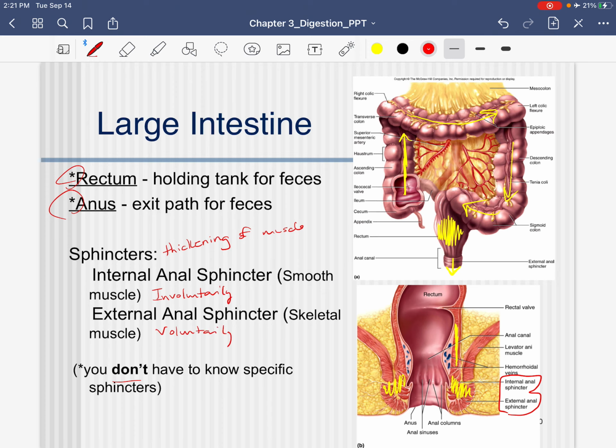So in other words, that internal anal sphincter will stay contracted without us having to remember. So it holds your poop in, involuntarily. And then, under normal circumstances, only when you want to voluntarily poop, you will contract the skeletal sphincter. So it's a nice combination of involuntary and voluntary.